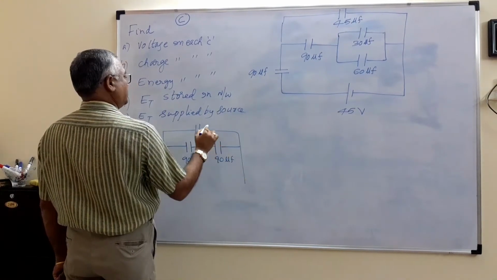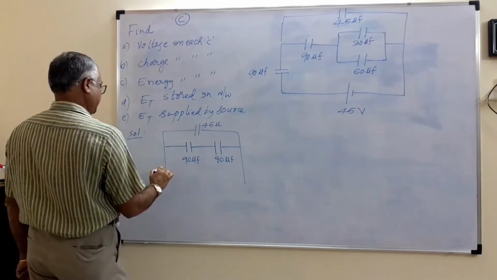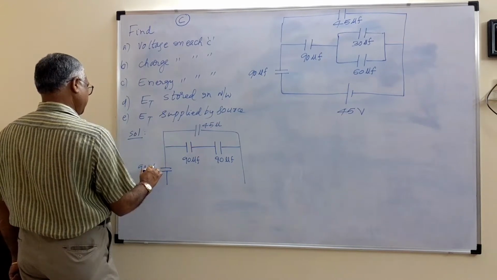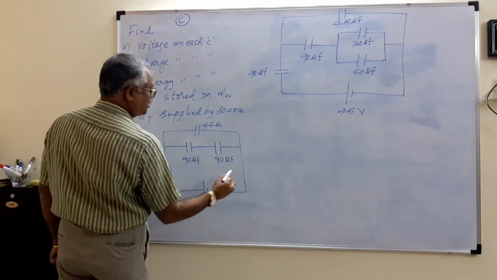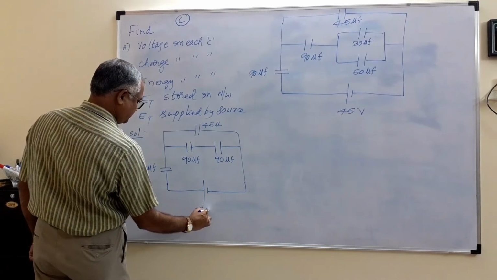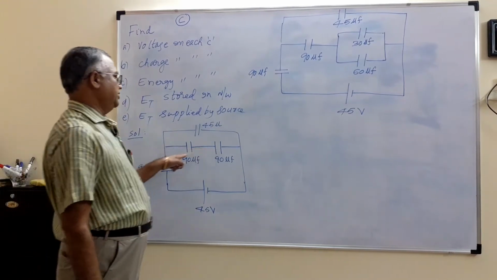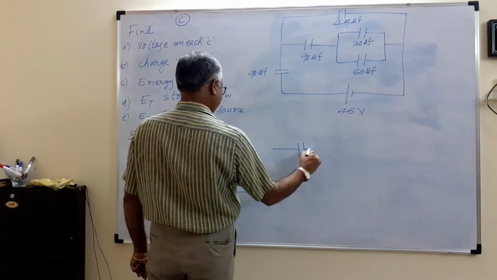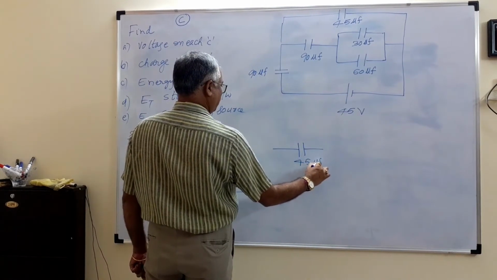Here 45 microfarads, 90 microfarads, 45 volts. Then 90 and 90 in series is equivalent to 45 microfarads.